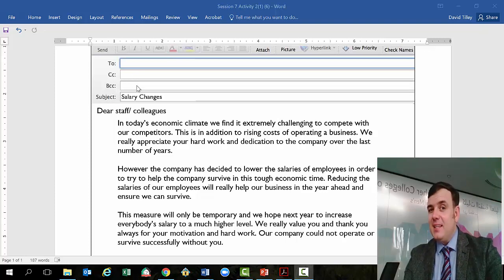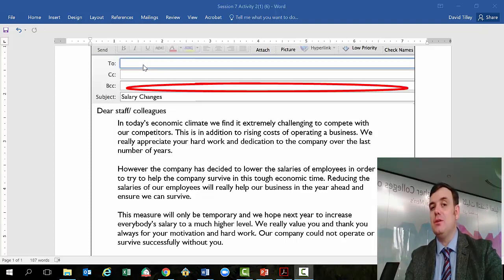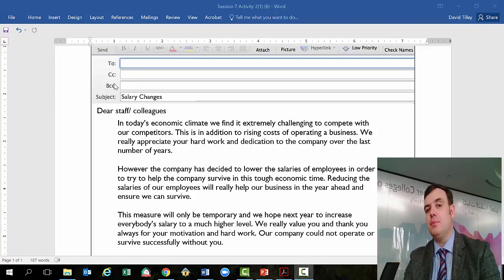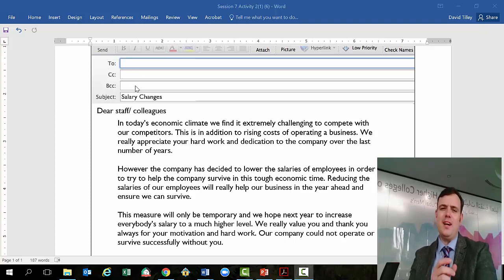And BCC is for if you don't want the person that you're sending the email to know that you've copied someone else into the email. So this is kind of hiding the other person that you're putting into the email, right? So they won't know. The person who's receiving the email is not going to know that you've included another person in the email. Right, guys?